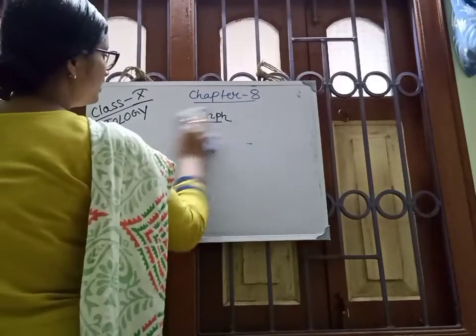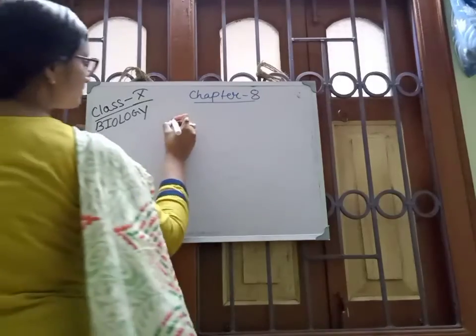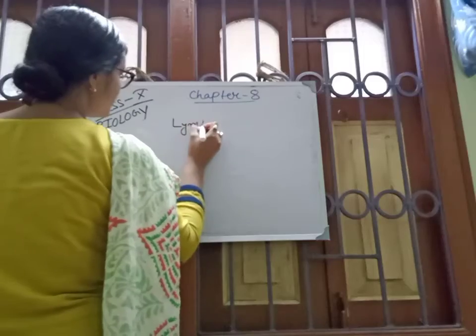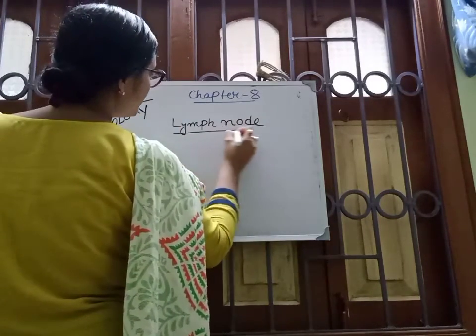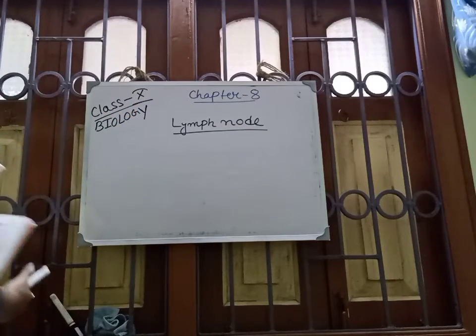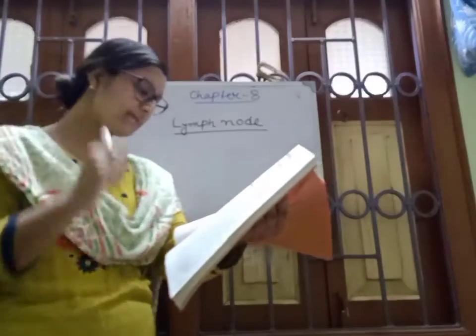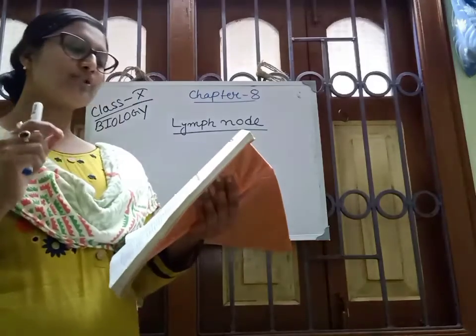Now the lymph node. What is a lymph node? At specific points in the lymph vessels, there are enlargements like beads on a string.